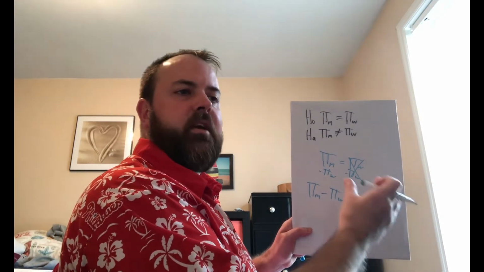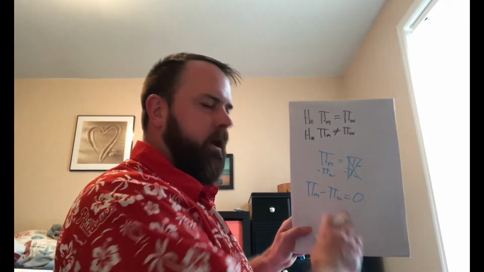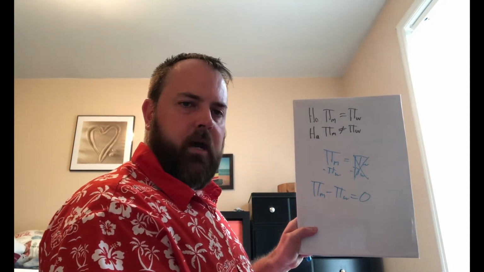So if your interval contains all negative values, that means that the women proportionally are going to be higher. And that's the evidence, that we have evidence that the women are going to be higher. So this equation here is very important when we're thinking about the positives and negatives for the confidence intervals and coming up with a conclusion for them.